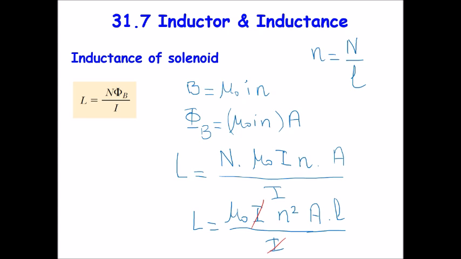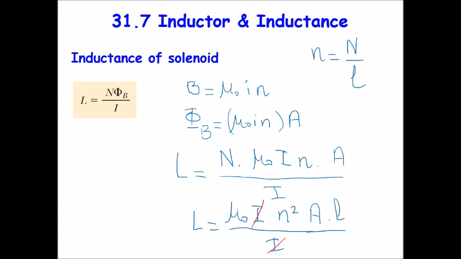So it's just mu 0 n squared A times L. Mu 0 is a physical constant, the permeability. n squared, the number of turns per unit of length, depends on the design of your inductor, of your solenoid. The area is the cross-sectional area, and L is the length of the solenoid.